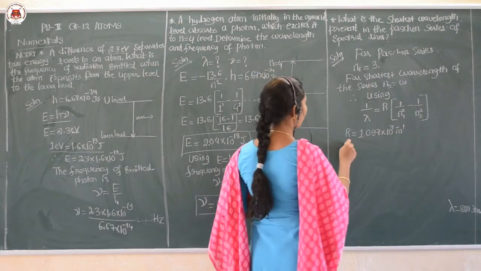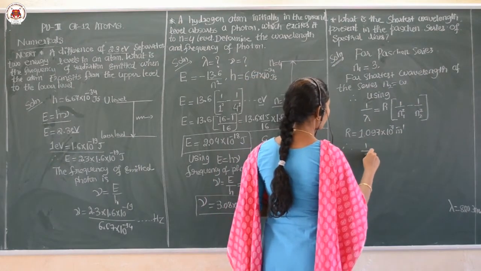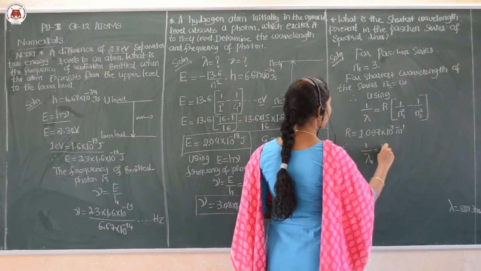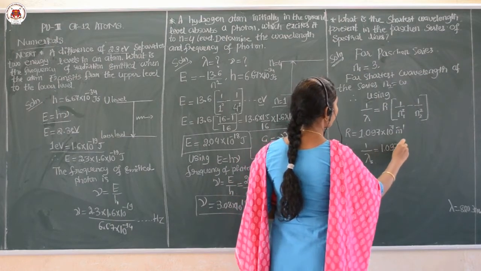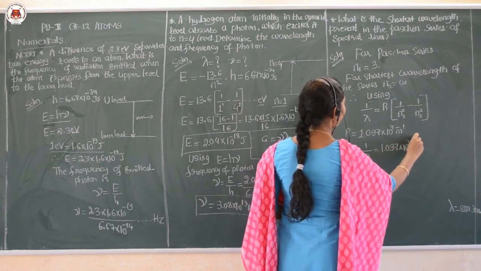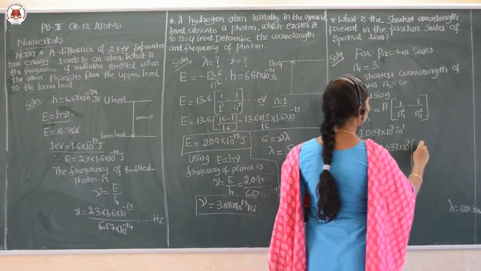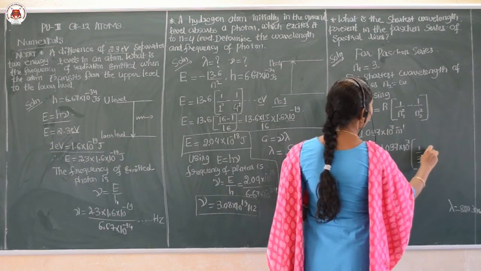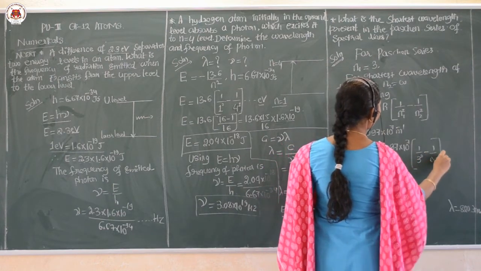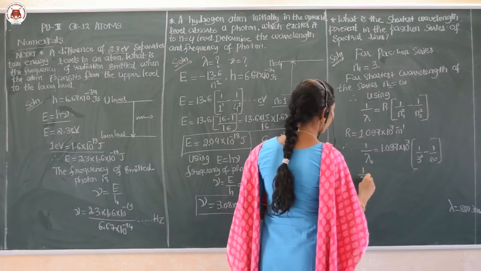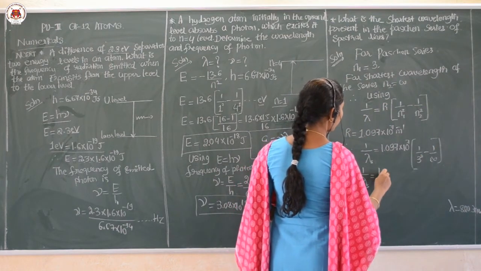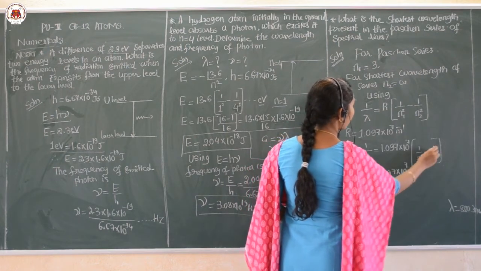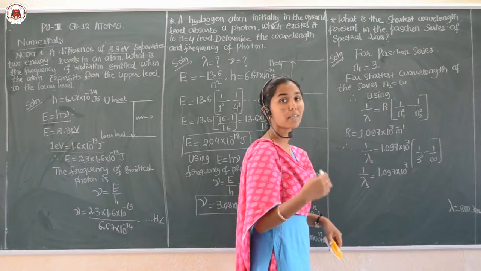Okay. Therefore, I can write here, for the shortest wavelength of the Paschen series, R means 1.097 into 10 raised to 7 into 1 upon n1 square, that is 3 square, minus 1 upon infinity. Then 1 upon lambda s is equal to 1.097 into 10 raised to 7, and 1 by infinity means my answer will be 0.